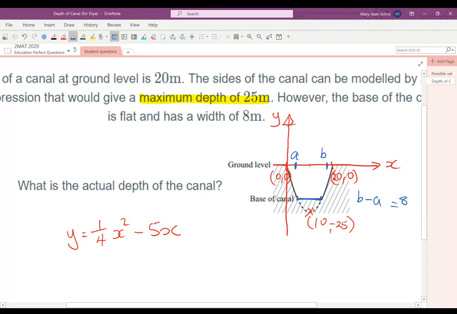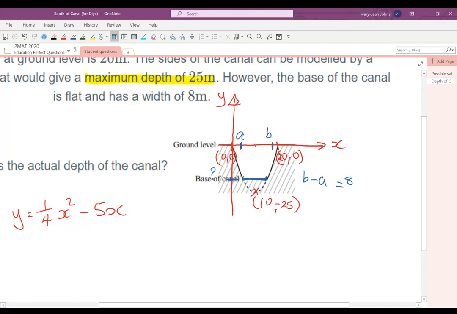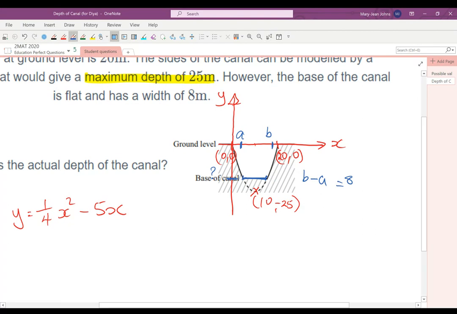Let's rearrange this so that I have either A or B. Let's leave it as B, so B equals 8 plus A.